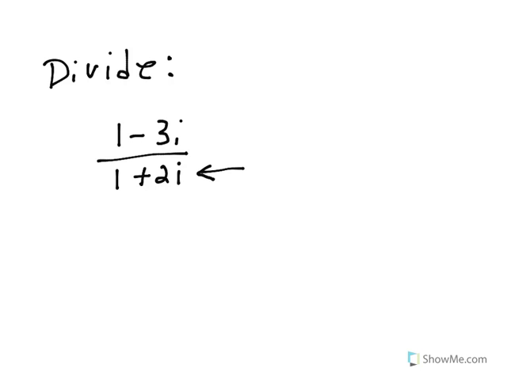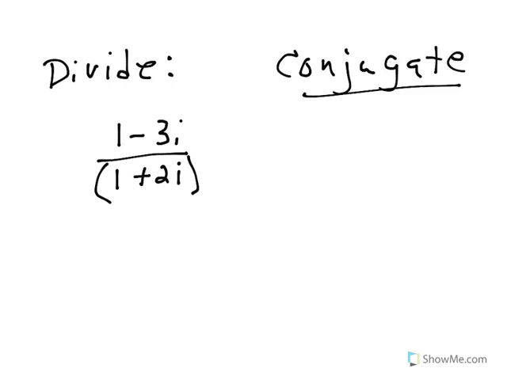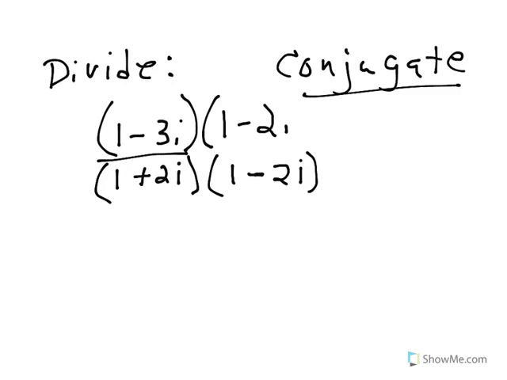So we need to multiply the denominator by what we call the complex conjugate, which means we have the same terms, but the opposite sign. And if we multiply the denominator by that conjugate, we must also multiply the numerator, which means we need to FOIL both the numerator and the denominator.